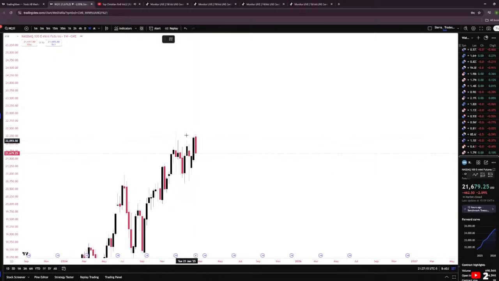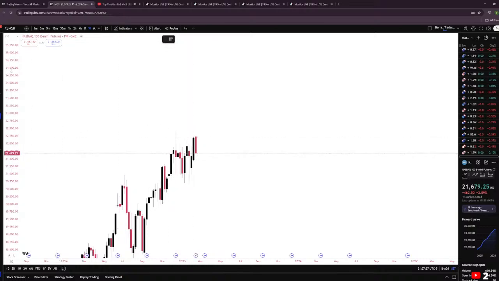So the weekly CRT, I would mark up last week's candle. So this is this week's candle, and this is last week's candle. This is the candle that I traded off of this week. And so when we do our markup, this would be the candle that I'll trade off of next week.